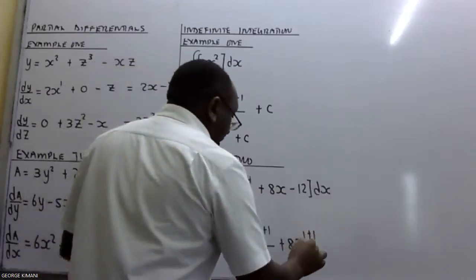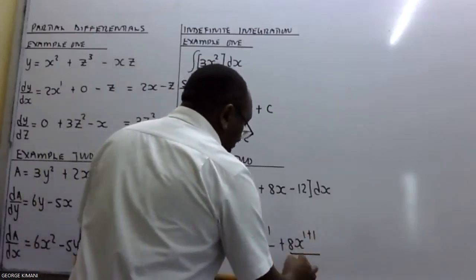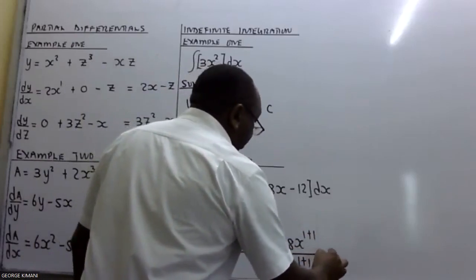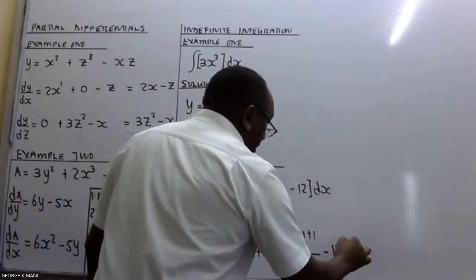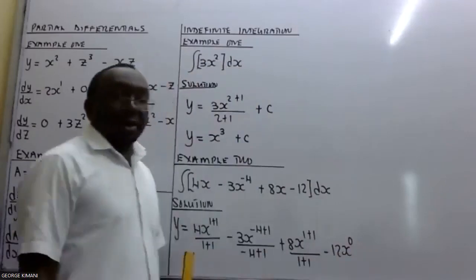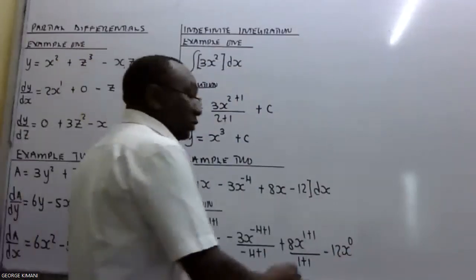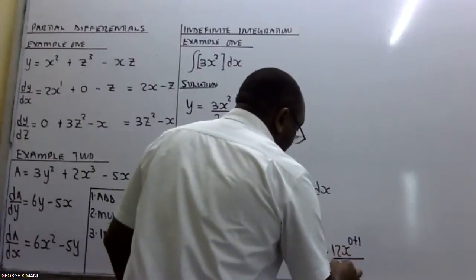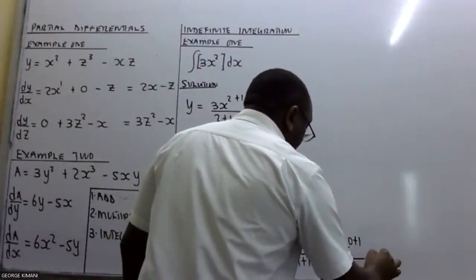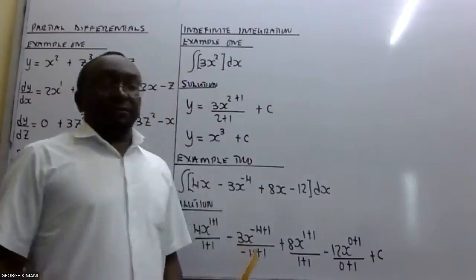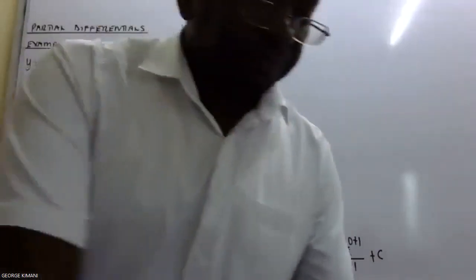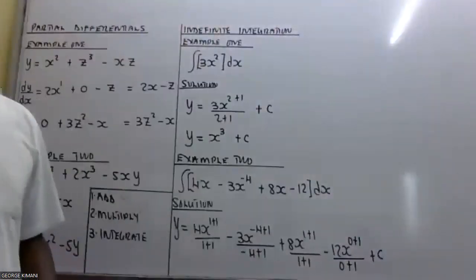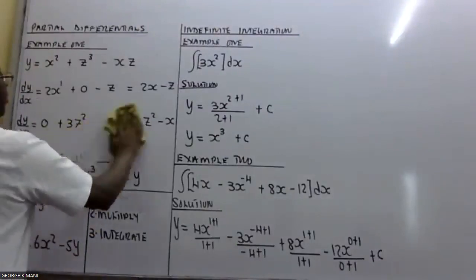You add back 1, you divide by the new power 1 plus 1. Minus 12, which is currently x raised to power 0. So you add back 1, you divide by the new power 0 plus 1, and then you add c, the constant of integration.